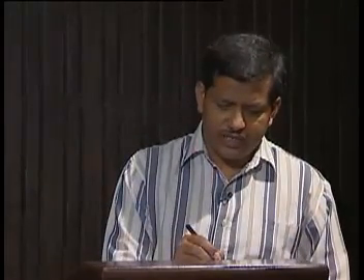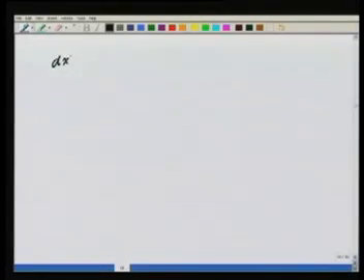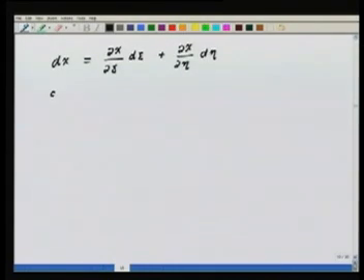So if I say that I want dx, it will be equal to del x, because x is now a function of psi eta, del x del psi d psi plus del x del eta d eta. Similarly, dy is equal to del y del psi d psi plus del y del eta d eta.